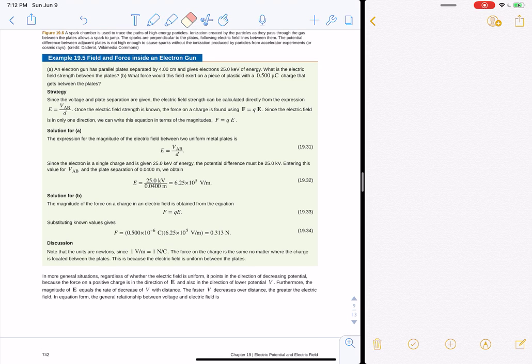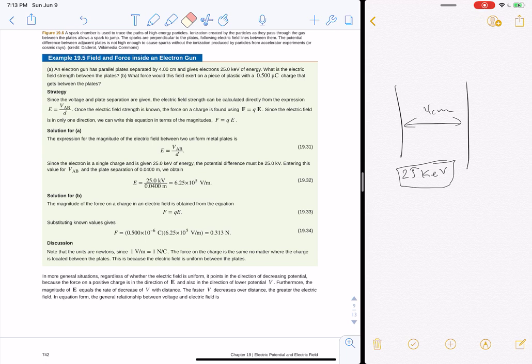Okay, so we've got parallel plates separated by 4 centimeters, right? And this plate is going to accelerate electrons. It's going to provide 25 keV of energy. What is the electric field strength between the plates? So this is the potential energy between the plates, right?